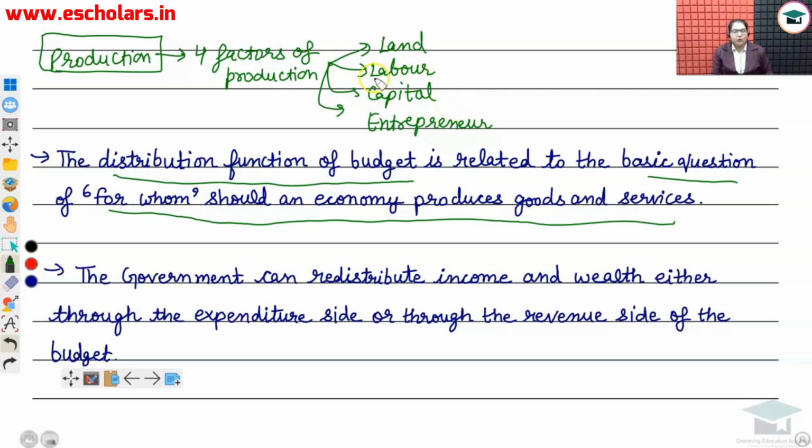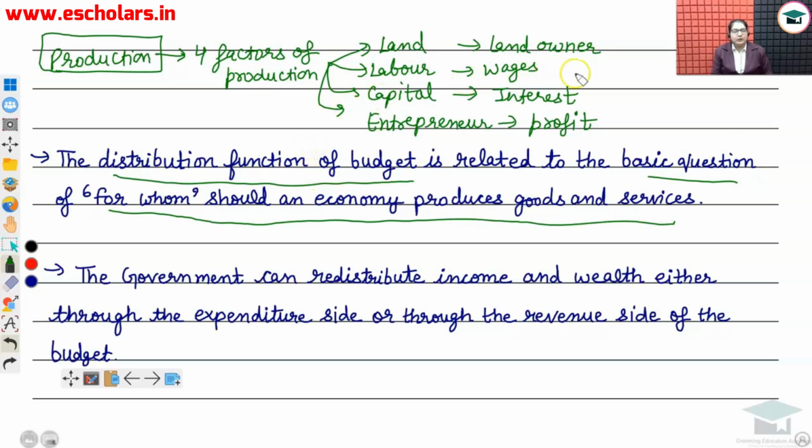Now the income which will be generated after selling this output will be distributed among the landowner in the form of rent, among the laborers in the form of wages, among the capitalists in the form of interest, and among the entrepreneurs in the form of profit.